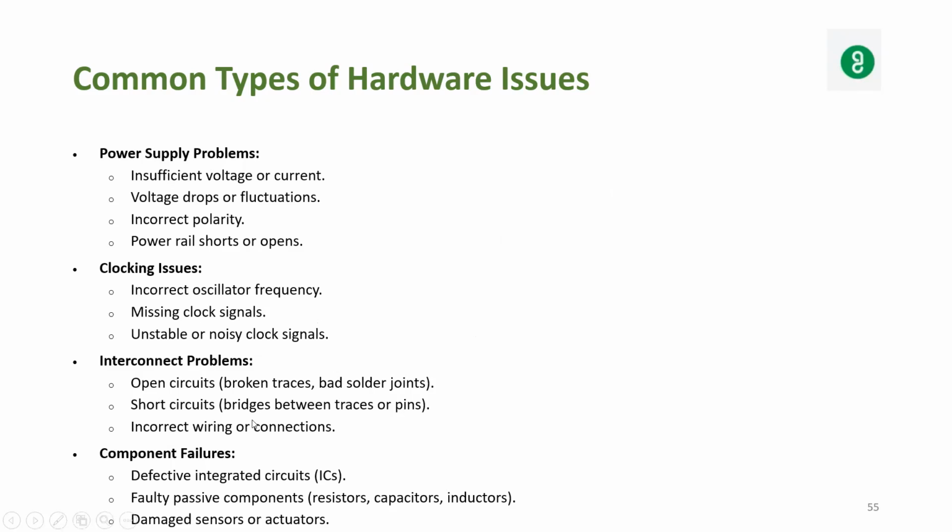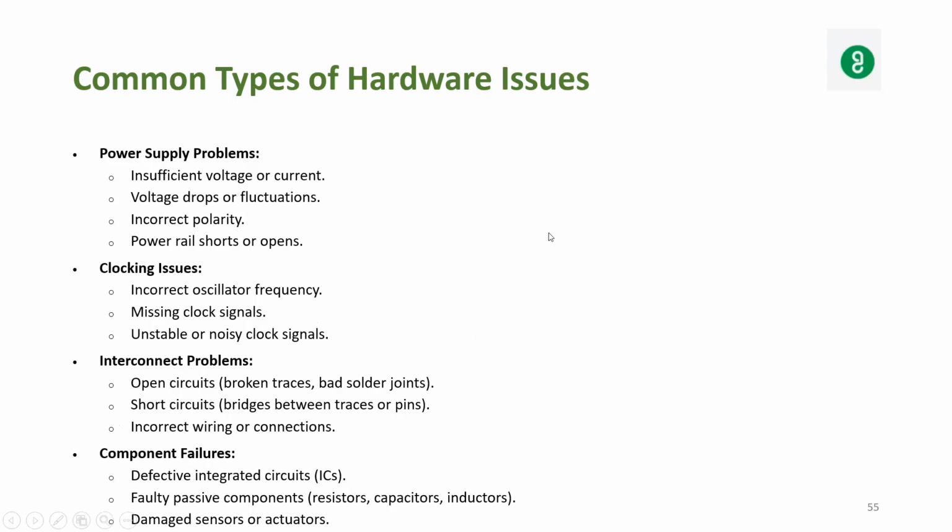Interconnect problems: open circuits, that is, if it is broken. Shorts: if two rails that run are shorted somehow, this problem will occur because of incorrect wiring or connections.